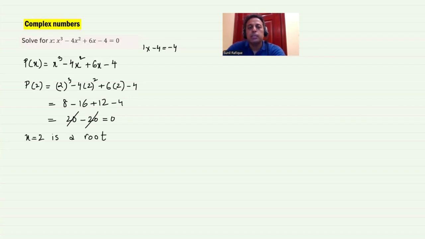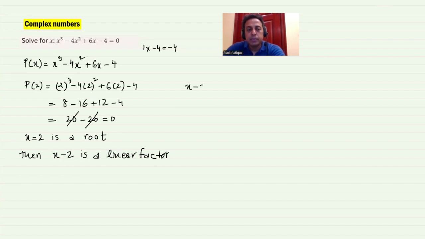Okay. So if this is a root, then x minus 2 is a linear factor. So once you have the linear factor, you can use it to find the quadratic factor by long division.